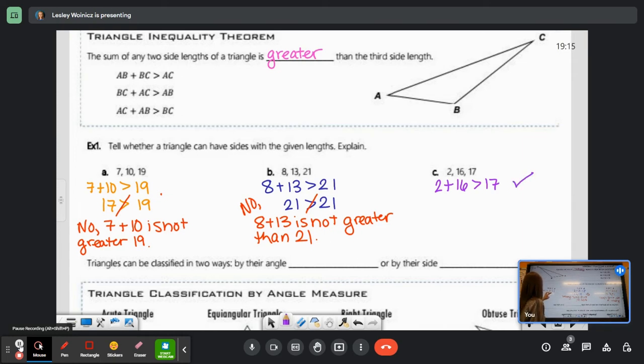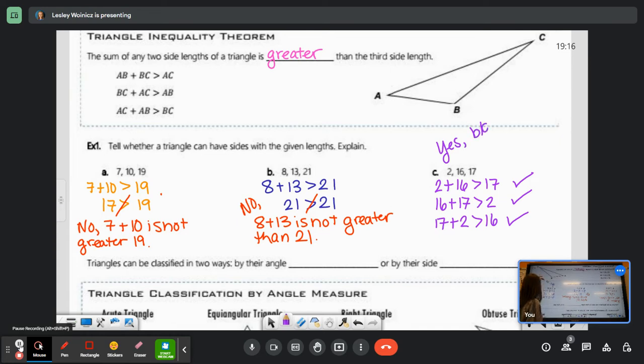All right, what about is 16 plus 17 greater than 2? Oh, heck yeah. Way bigger. All right, last but not least, is 17 plus 2 greater than 16? Ding, ding, ding, ding. Winner, winner. Okay, so this is going to be yes.